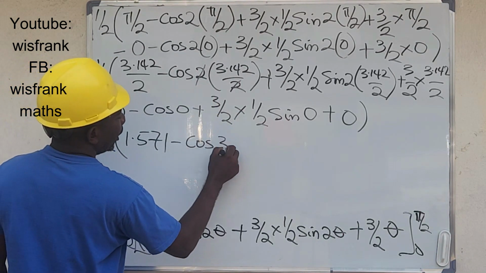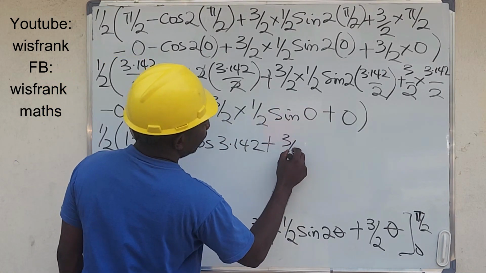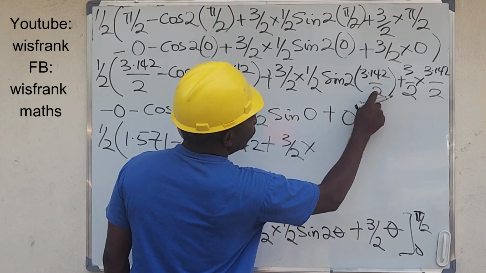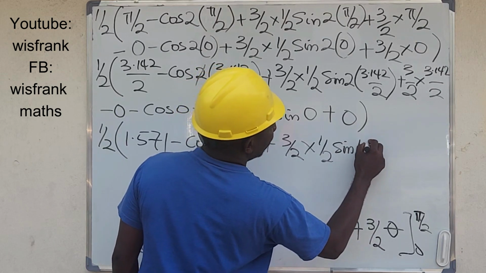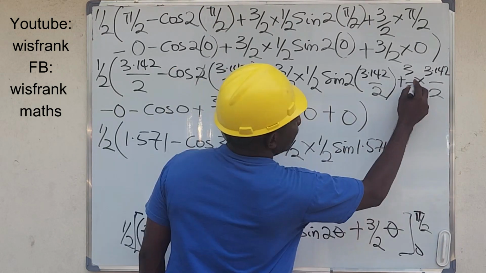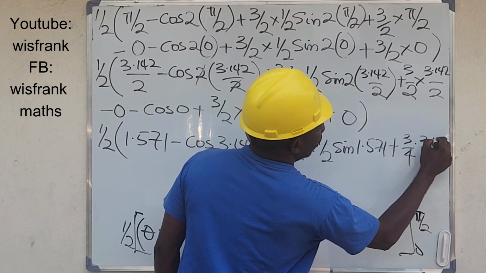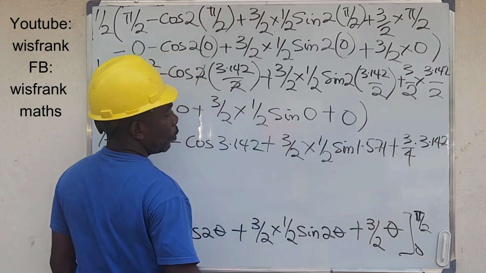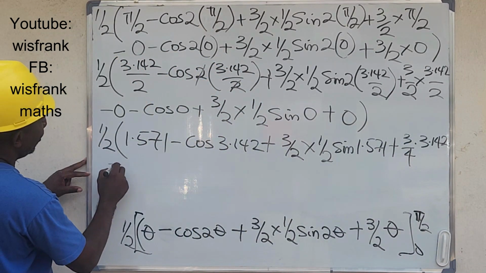It's going to be cos 3.142 plus, here will become 3 all over 2 times sine 3.142 all over 2, it will become 1 all over 2 sine 1.571 plus, this will become 3 all over 4 times 3.142 because 2 times 2 is 4. Then we have that. So here for the second line, this will become minus 0.